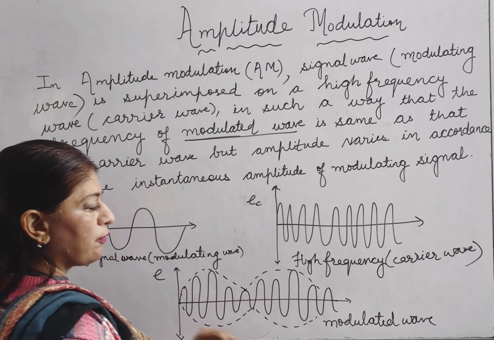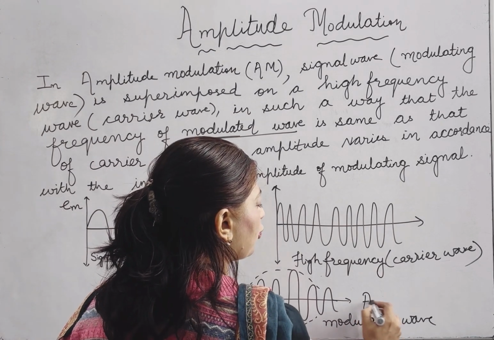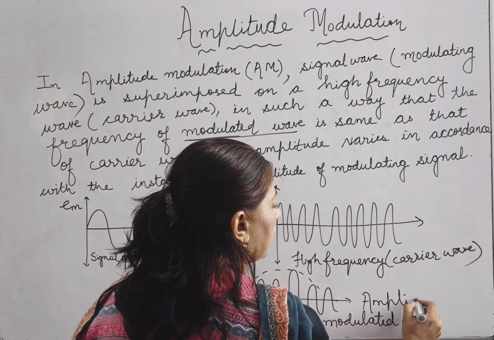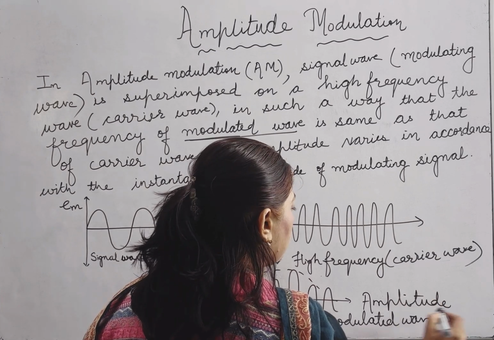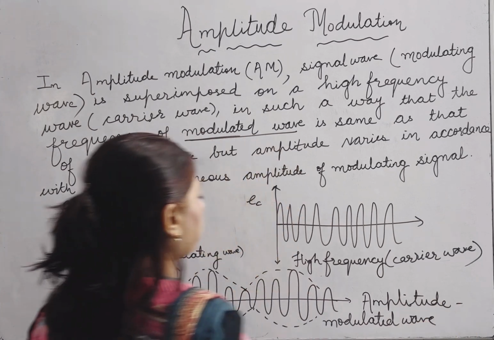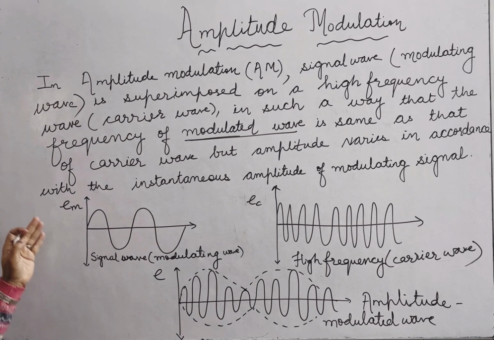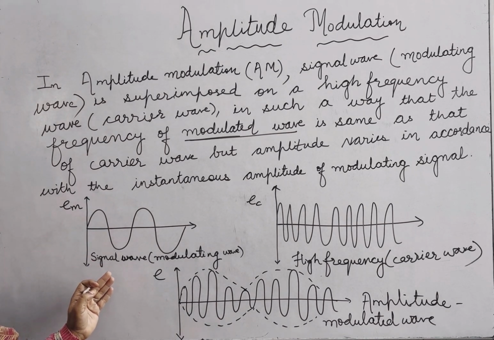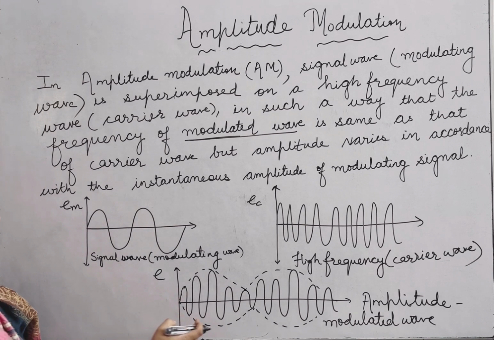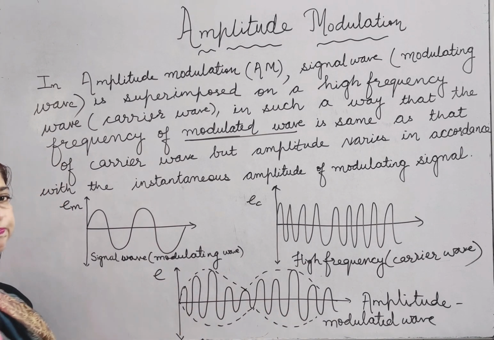This modulated wave is amplitude modulated wave. This is your amplitude modulated wave. So whatever we have learned from the definition, we have seen the waveforms of the amplitude modulation in which we are having this type of waveform.